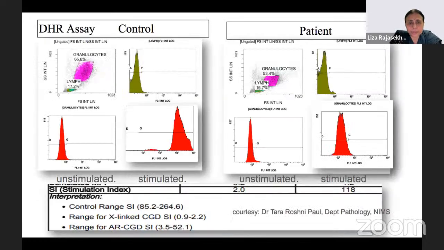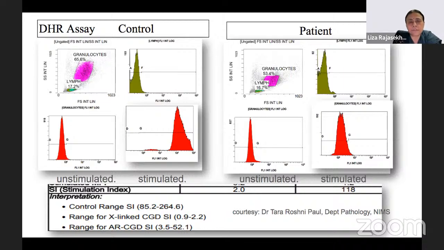So the next screening test for patients where you suspect an IEI is a DHR assay. Now, if you look at this slide here, this is showing us a DHR assay. DHR stands for the dihydrorhodamine assay, where the dihydrorhodamine is oxidized by a normally functioning neutrophil.